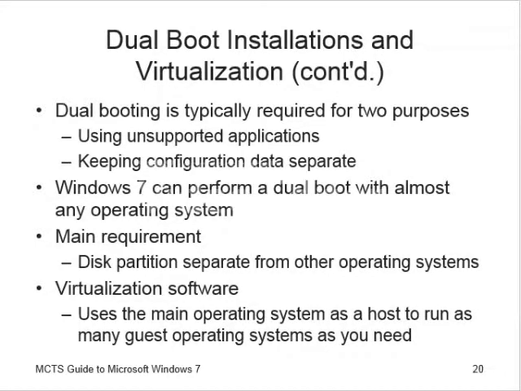Windows 7 can perform a dual boot installation with almost any operating system. The main requirement is to install Windows 7 on a disk partition that is separate from other operating systems. The reason for this is mainly partition type compatibility. There are many types of partitions and formats: FAT32, FAT16, NTFS.